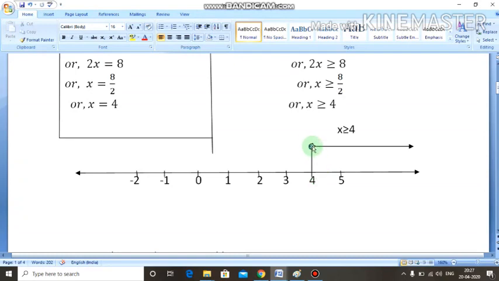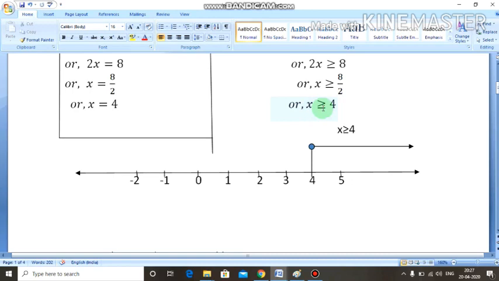I have used a small circle just for highlighting the value 4, and I filled the circle with blue color, since the answer came x ≥ 4.